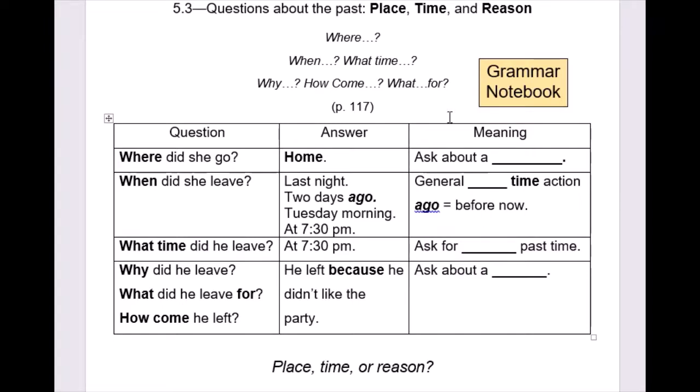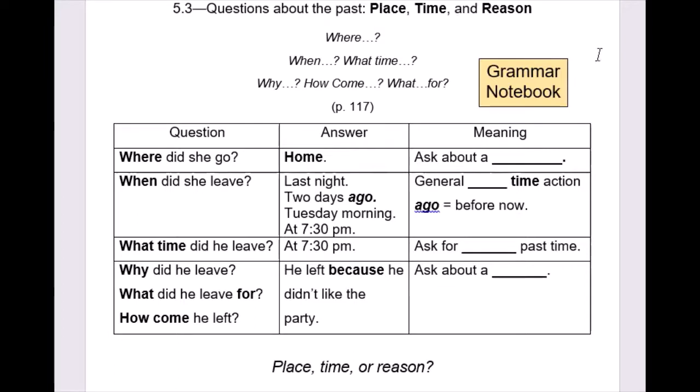So we just finished a practice about things, places, and time when you're asking about what, where, and when. So we're going to practice more questions about the past, place, time, and reason.